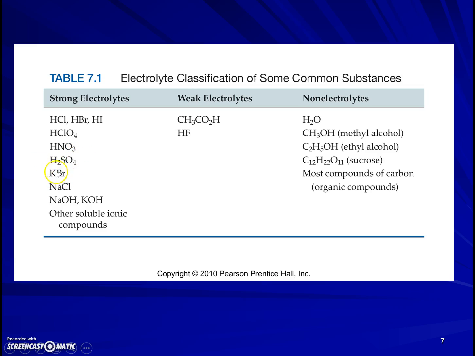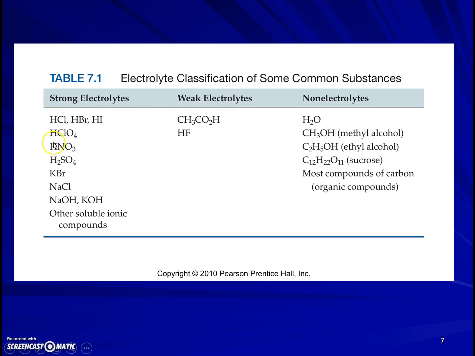Other strong electrolytes are any other ionic compounds, any compounds that have a metal as their first element that are soluble in water. We'll talk about solubility rules a little bit later in this chapter. Weak electrolytes are any other acids. The most common that we'll talk about are these two, but there are a lot of other acids that are weak acids.